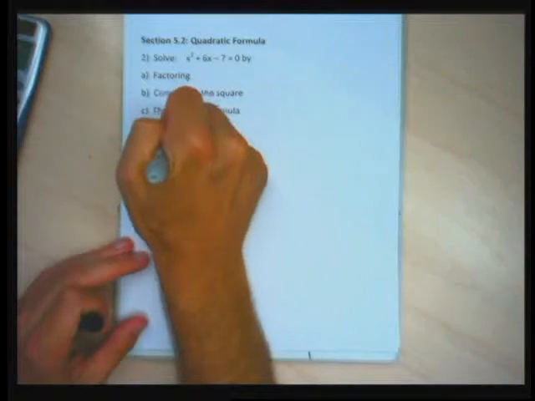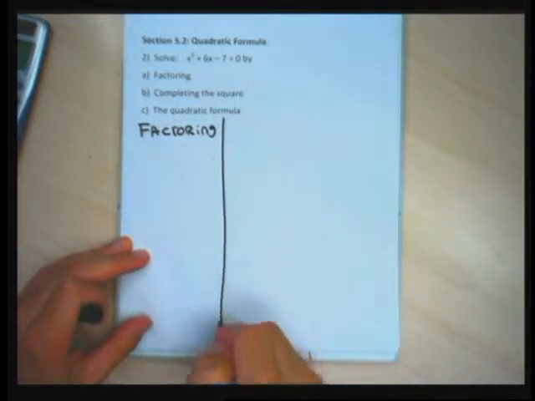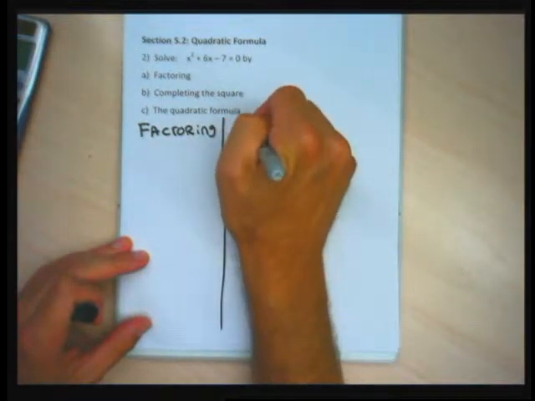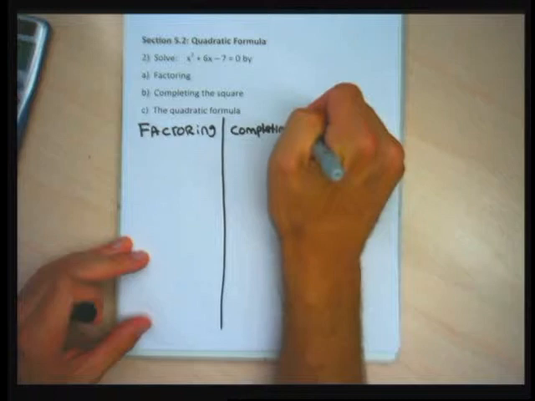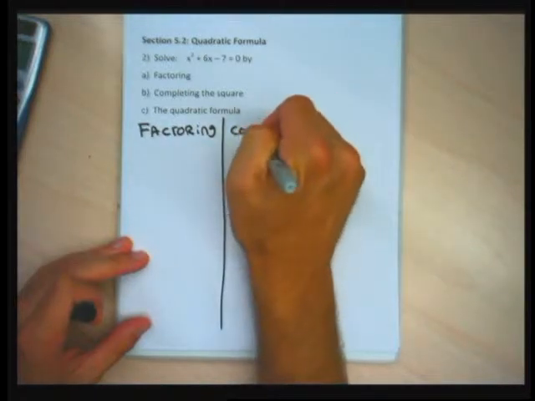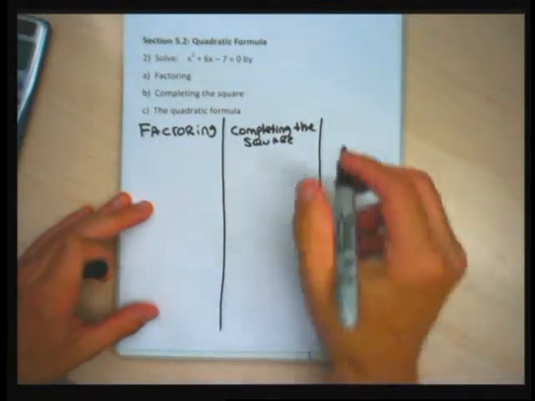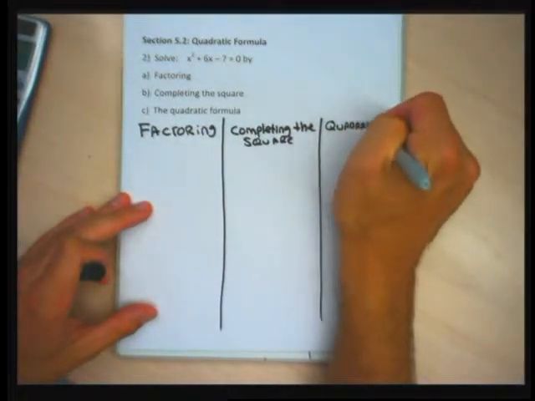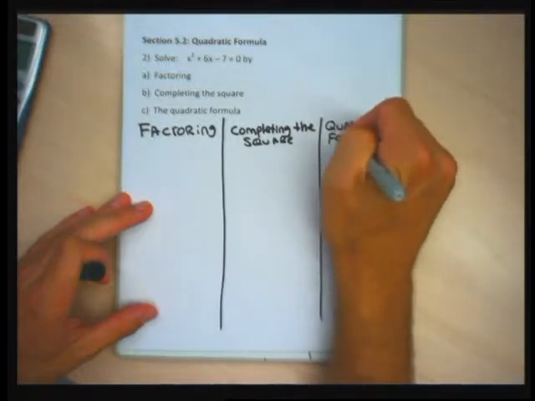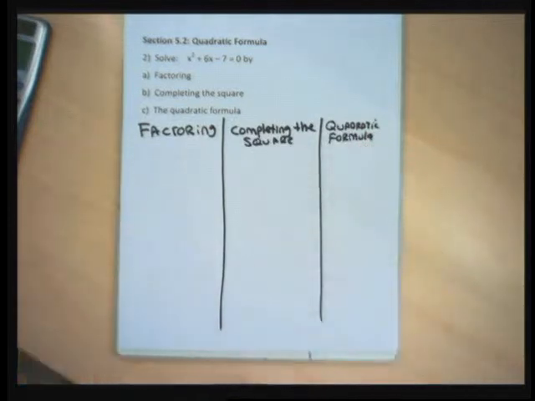I'm going to solve the problem by factoring, and then by completing the square, which I would call the C method. And that's what we did in section 5.1, the bottom problems. And then something that's new to this section that's nice, probably most students eventually like this third way the best.